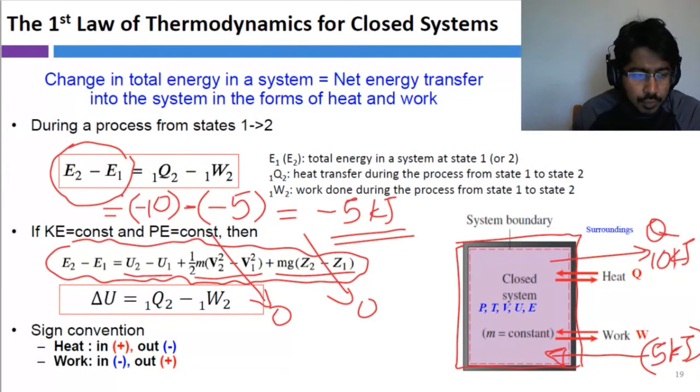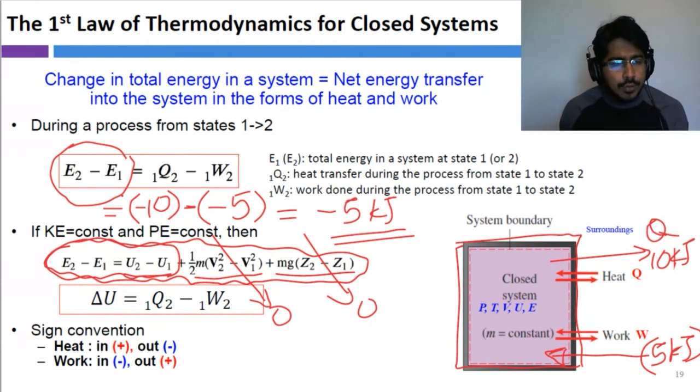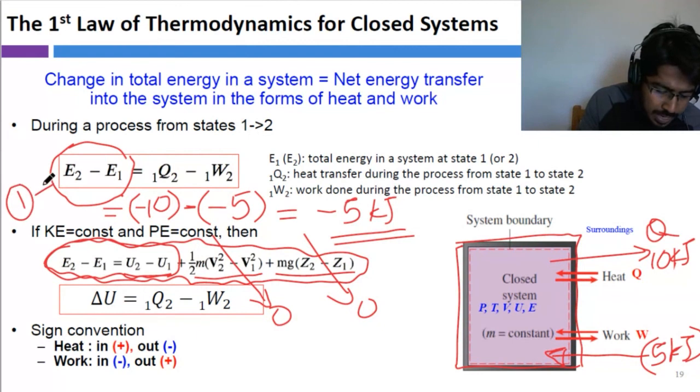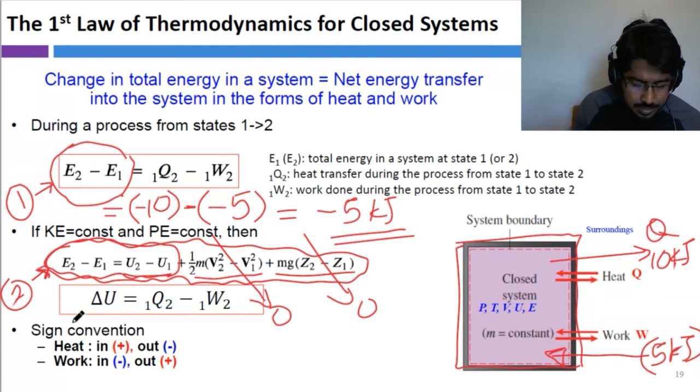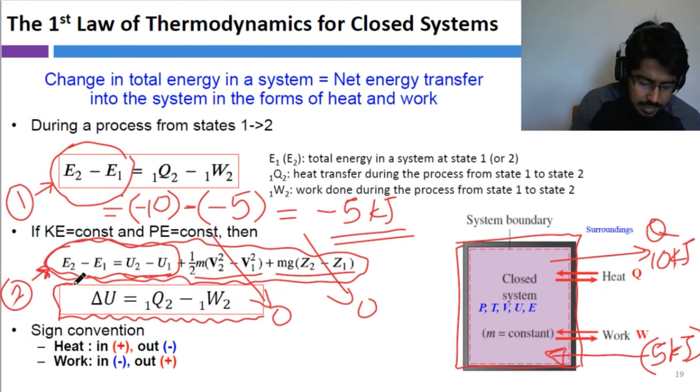Then it leaves us with this expression. So it can be said that the total energy change of a closed system during a given process can be given by the internal energy change. Now from equation 1 and equation 2, we can say that the internal energy change of a closed system during a given process can be expressed as shown here.